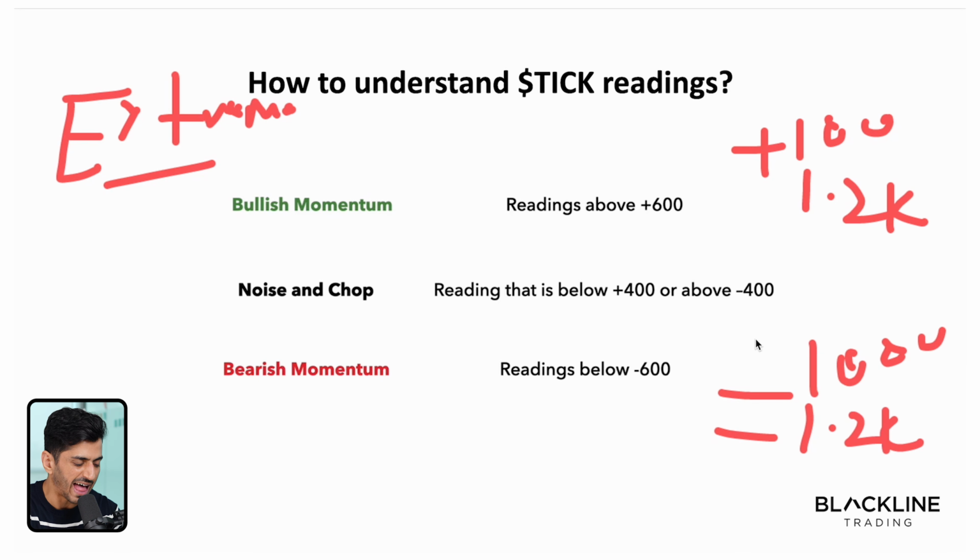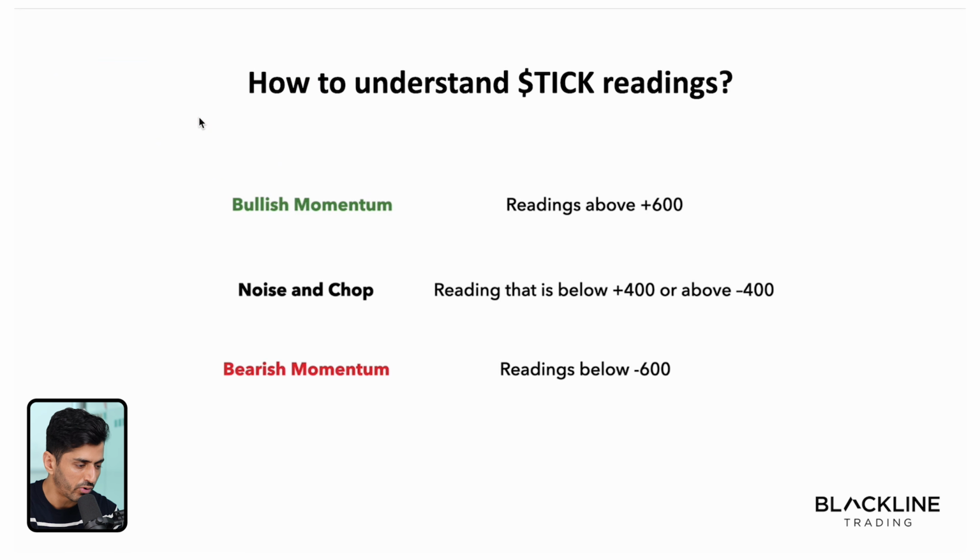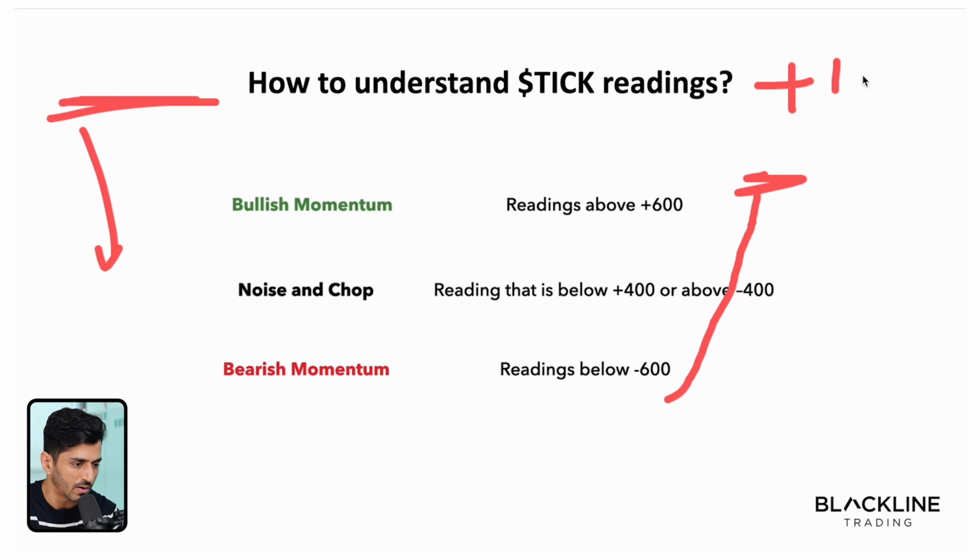Anything above 1000 or below minus 1000, these readings are considered extreme readings, right? What does that mean in terms of the price action? It means that there's a good probability that the price is going to revert. So let's say if S&P is moving higher on a very strong note, and suddenly you get 1.2K, 1.4K, anything above a 1K reading, very likely you're going to see a pullback, right?